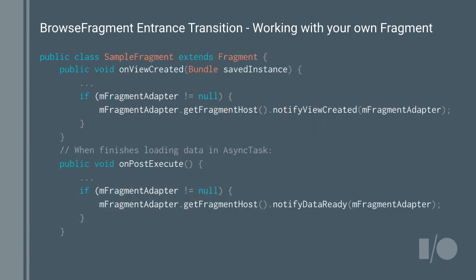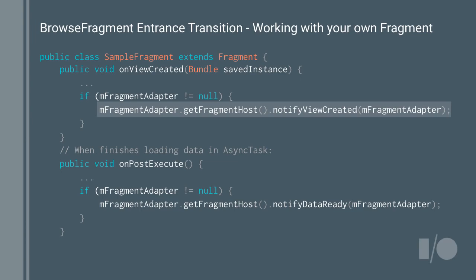Now, because browse fragment needs to hide and show views inside your fragment, your custom fragment needs to let browse fragment know your view has been created. You do so by calling notify view created on the fragment host object. And also, because your custom fragment usually has your own data, which can take extra time to load, this data is not the same data inside the browse fragment adapter.